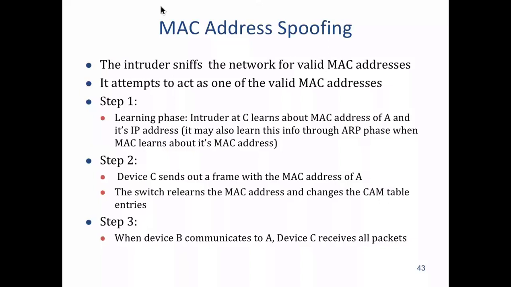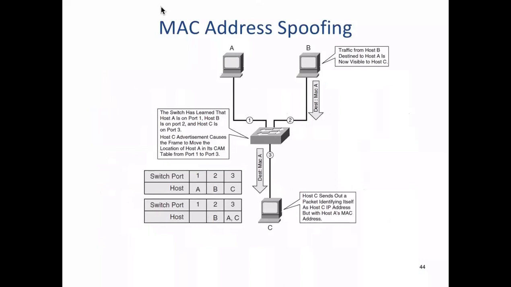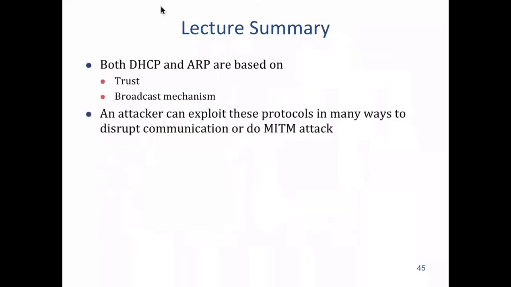If I communicate, the switch will note the MAC address and say that it's connected on a particular port. Next time when Bob responds back, instead of the message going to Alice, it will come to me. So these kinds of attacks are possible. What we have mentioned is just one attack. All right.